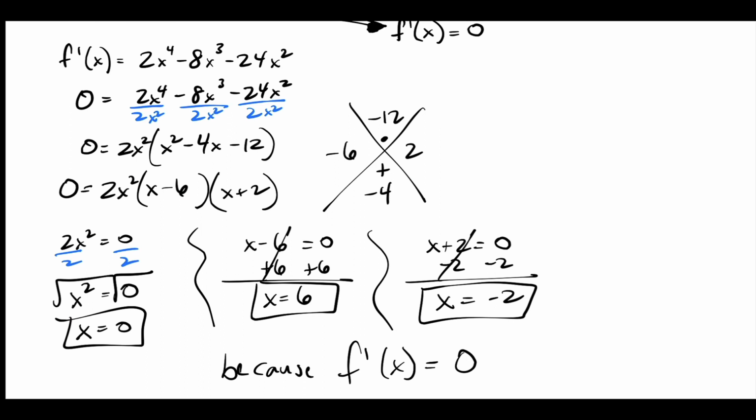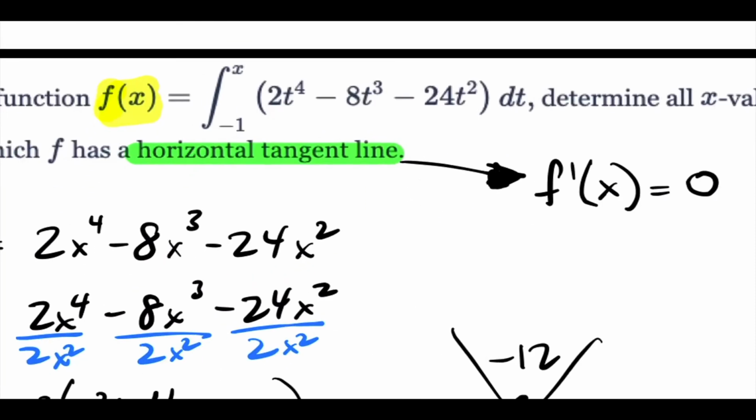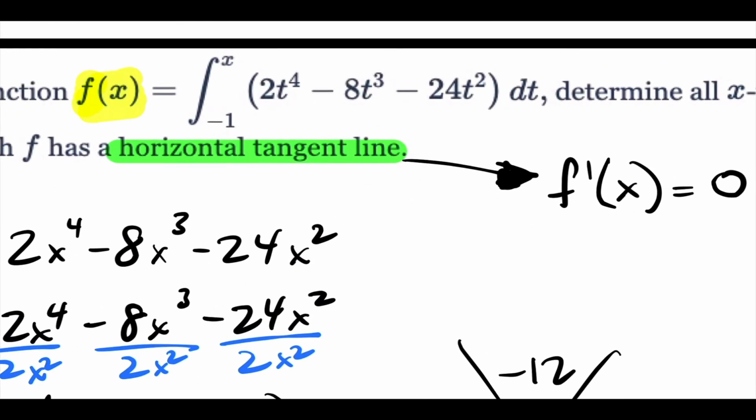Roman asks: how could a horizontal tangent line be at -2 when the bounds are... Oh, that's a good question. I didn't even look at the bounds. Thank you. Where are the bounds? -1 to whatever, right?